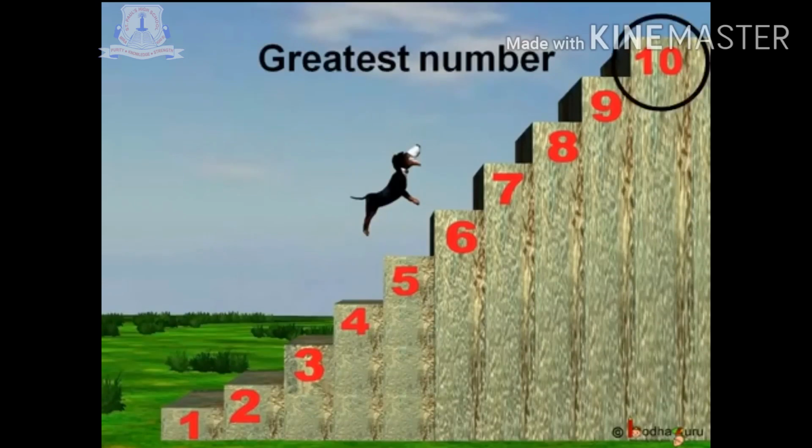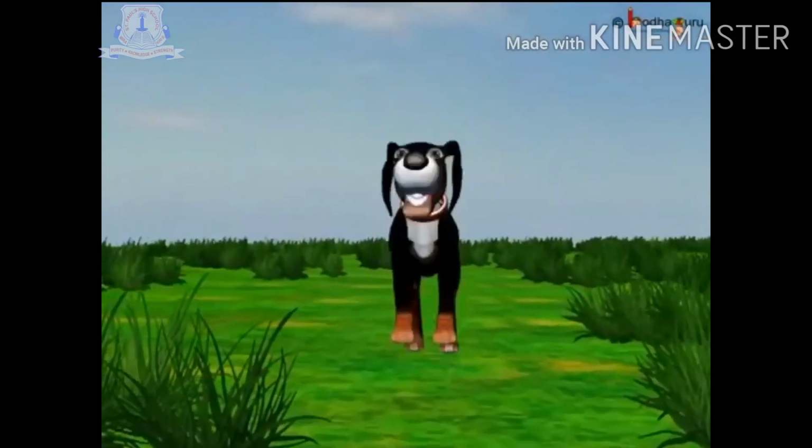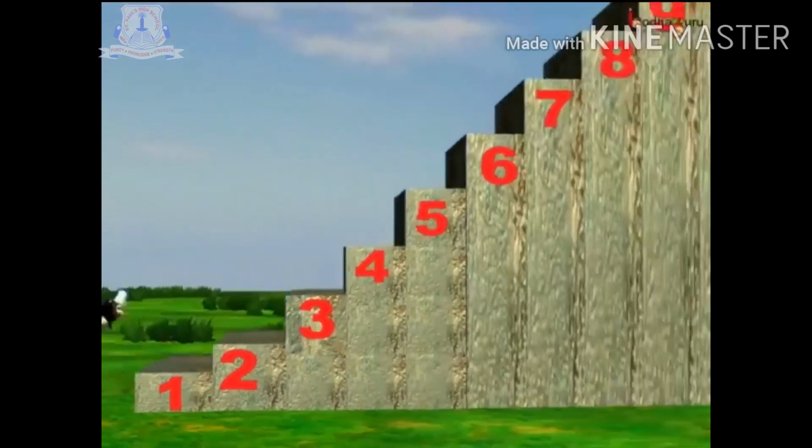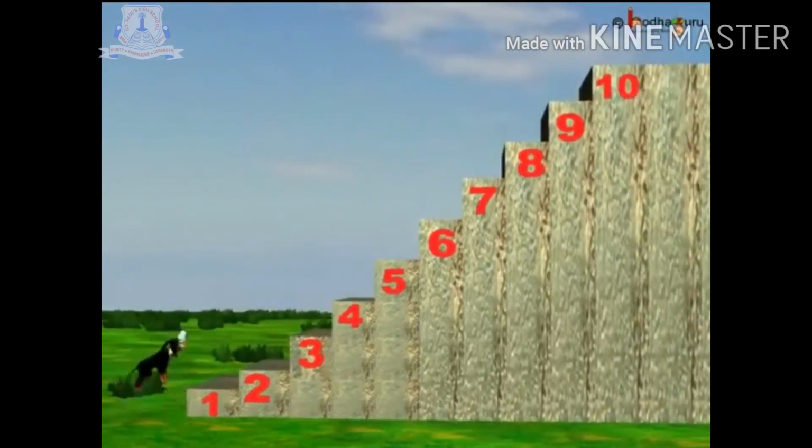So when Tommy went up, he started from the smallest number 1. Then he climbed up to 3, 4, 5, 6, 7, 8, 9 and 10.